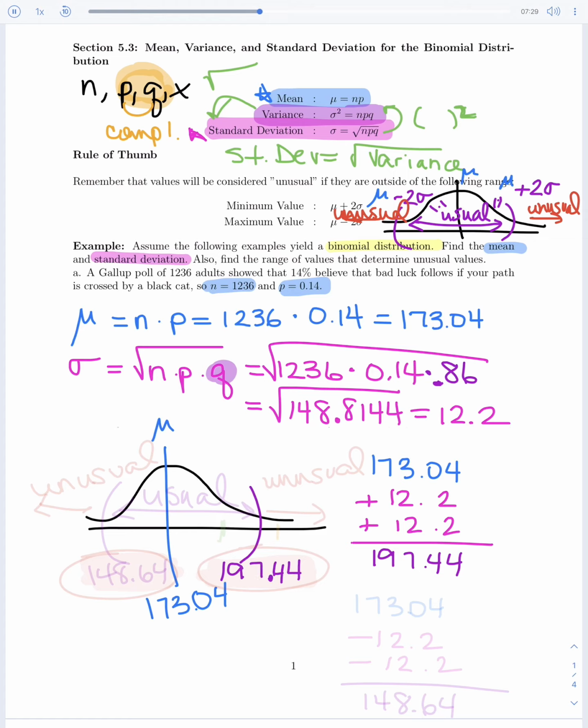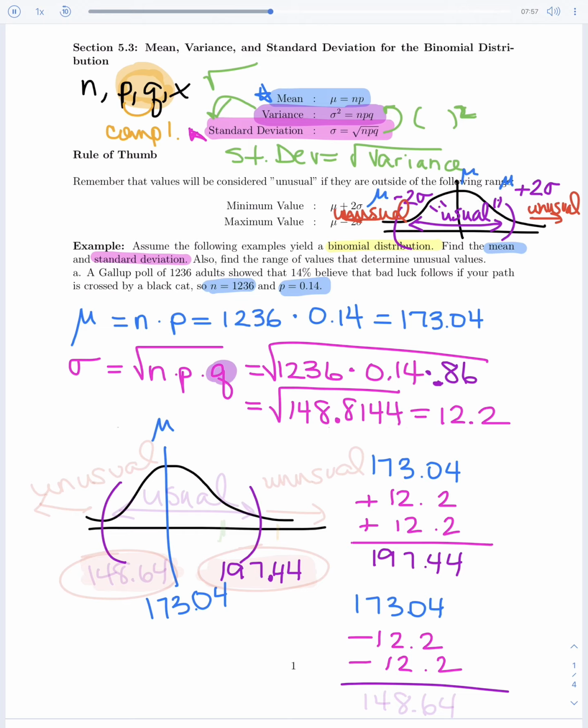We still need to do the same thing, but for the lower end, which means we need to take our mean, which is 173.04, and subtract the standard deviation twice. Take away the 12.2 twice. And let's see what we end up with for that lower end. So we'll take our 173.04 minus our 12.2 twice, or you can just multiply it by 2 and subtract it.